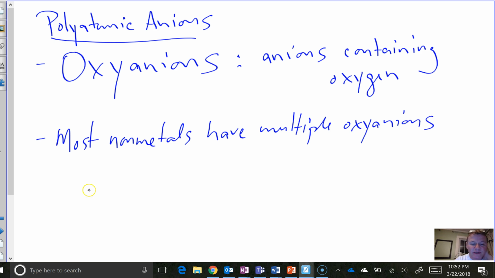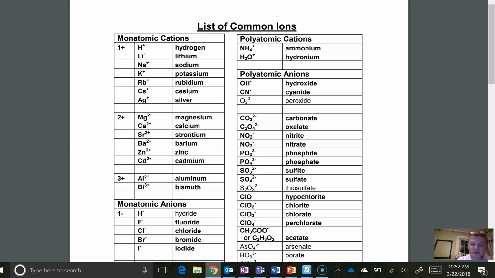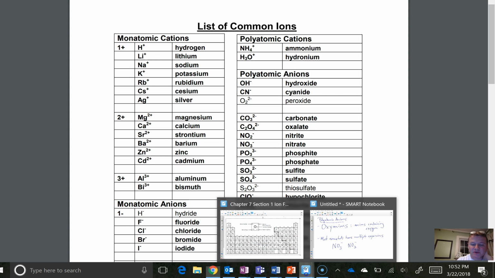For example, if I'm looking at the nonmetal nitrogen, nitrogen forms 2 oxyanions. It forms NO3 with a negative 1 charge, and NO2 with a negative 1 charge. Referring back to our list here, we see that NO3 with a negative 1 charge is called nitrate.